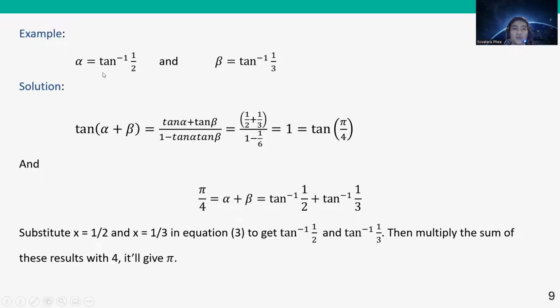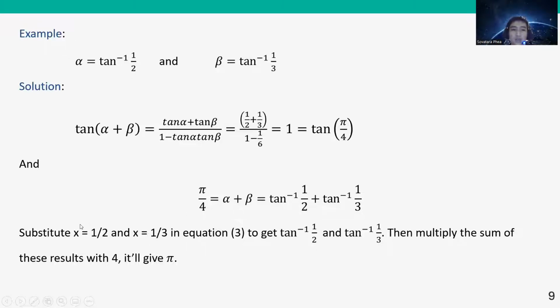For example, alpha equal to arctangent of 1 over 2 and beta equal to arctangent of 1 over 3. And the solution, tangent of alpha plus beta equal to tangent alpha plus tangent beta over 1 minus tangent alpha tangent beta, equal to 1, and 1 equal to tangent pi over 4. And also pi over 4 equal to alpha plus beta equal to arctangent 1 over 2 plus arctangent 1 over 3.